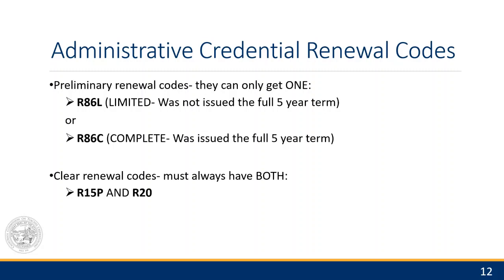Unfortunately, it's not automatically pre-populated when you set up the recommendation. It probably should be, but I believe the R20 is automatic when you set up the clear, but the R15P you need to select. So if we get a recommendation for a clear admin without both of these, we have to add it before we grant it.